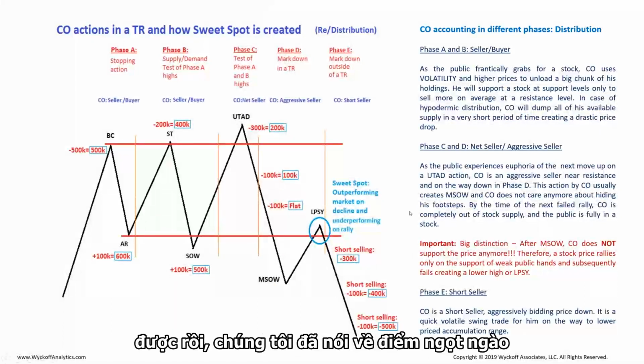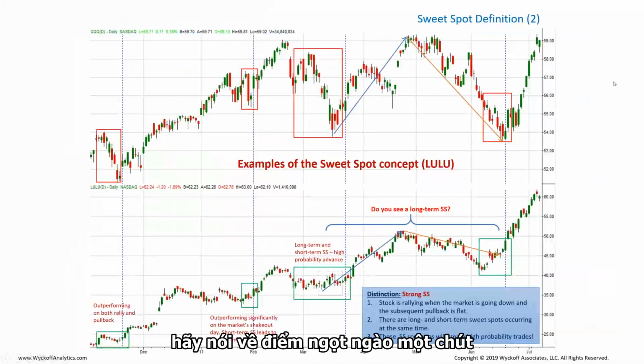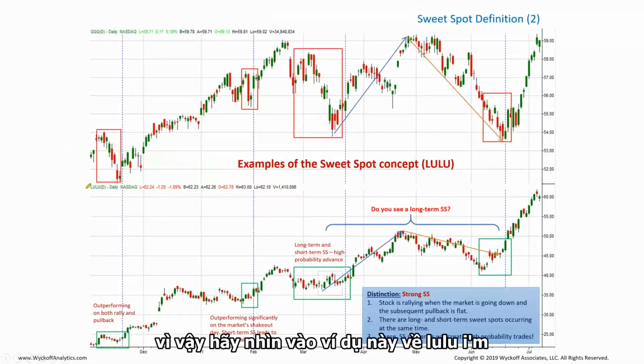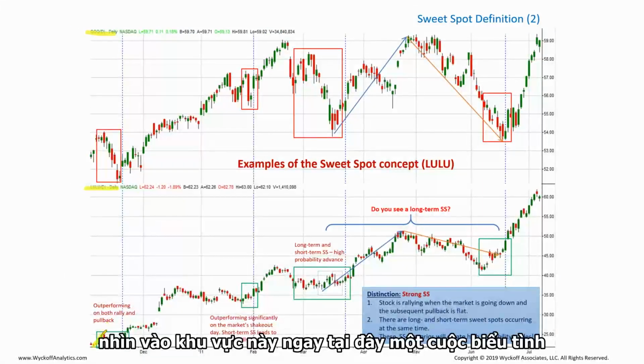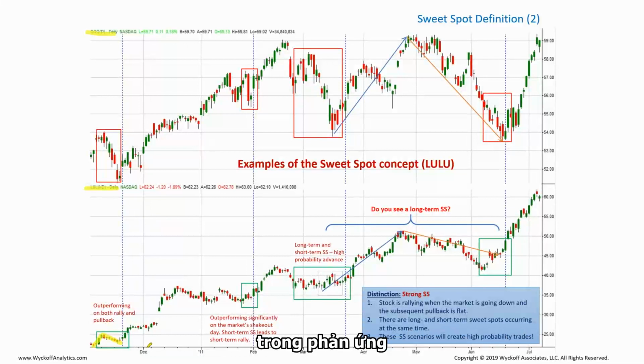Okay, well, we talked about the sweet spot. Let's talk about the sweet spot a little bit more. So look at this example of Lulu. I'm comparing Lulu to triple Qs, that is the NASDAQ 100 ETF. Look into this area right here, a rally and the reaction. The reaction is just very small.